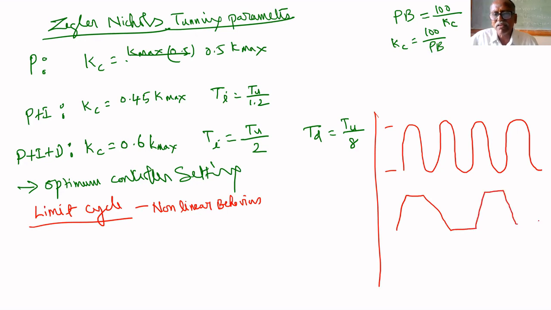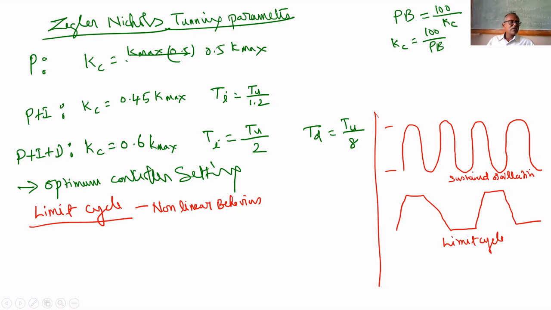This is limit cycle behavior. The upper one is sustained oscillation, and the bottom one is called limit cycle behavior. If you draw the trend, it will look like this.